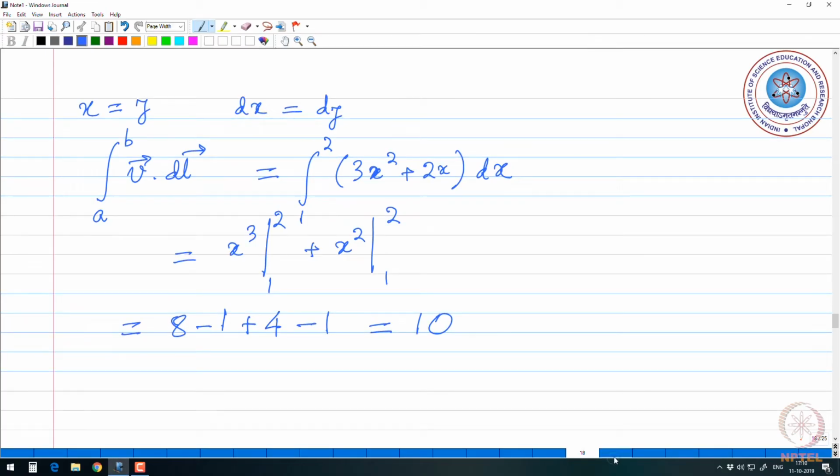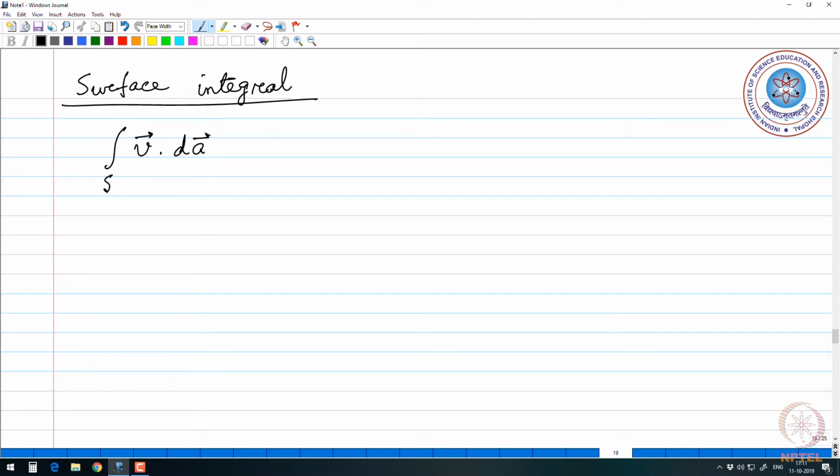Let's learn what is a surface integral now. For a surface integral, we will need a surface, and a vector that is dotted with an area element, a surface element dA, and we integrate over it.